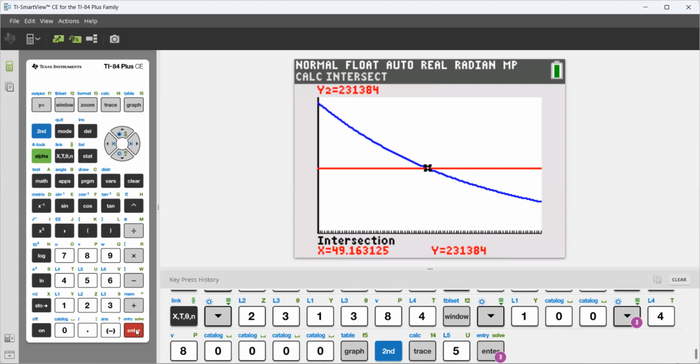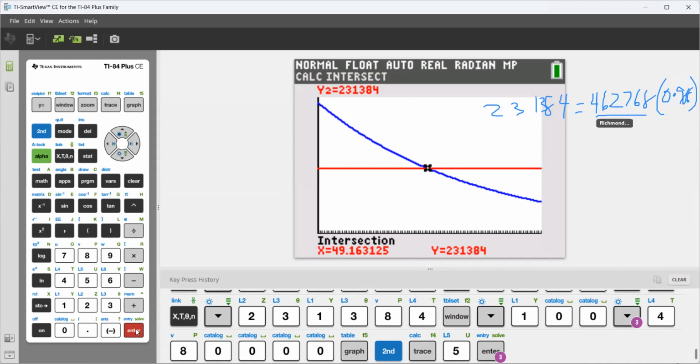Now, let's say that because I have a halving time, I had 231,384 equals 462,768, oh yeah, 768, times 0.986 to the power t.